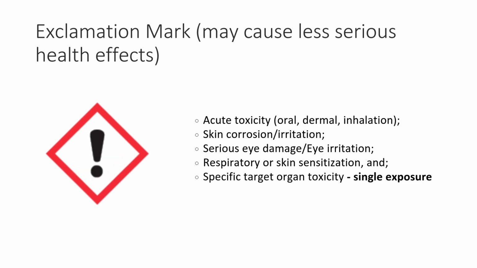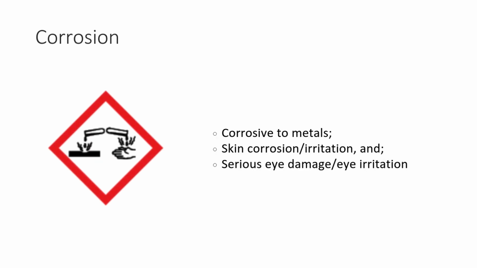The exclamation mark is used to identify hazardous products that may cause less serious health effects. For example, skin corrosion/irritation, serious eye damage, and more. This symbol is used to identify products with corrosion hazards. For example, corrosive to metals, skin corrosion, and more.